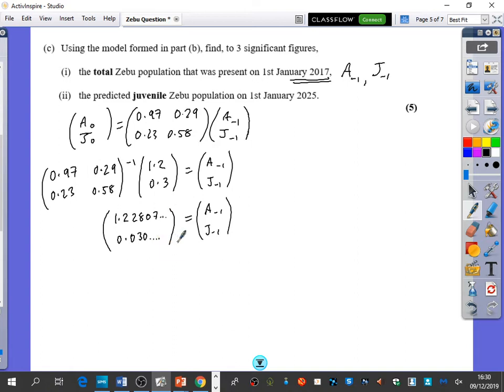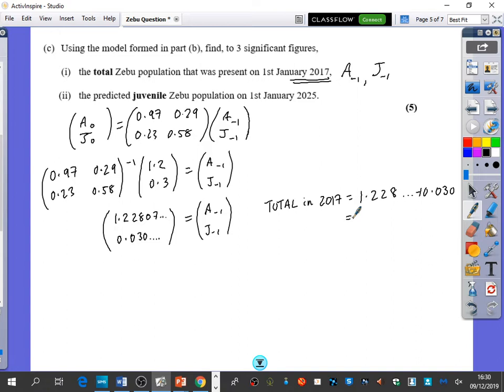But it wants us to have the total zebu population. So the total in 2017 would be these two things added together. Agreed? So that's 1.228 blah blah blah plus 0.030, which is whatever they are. And we add them together.